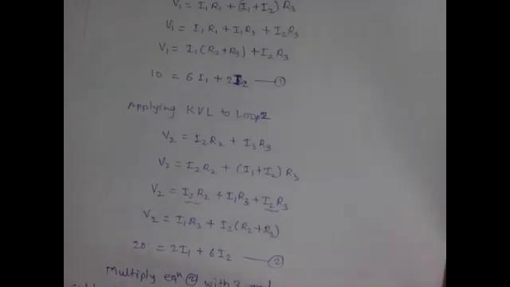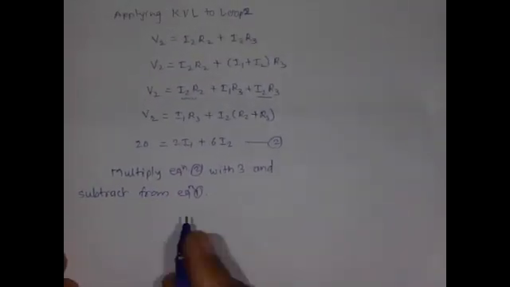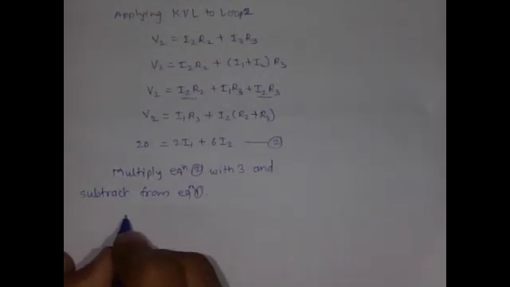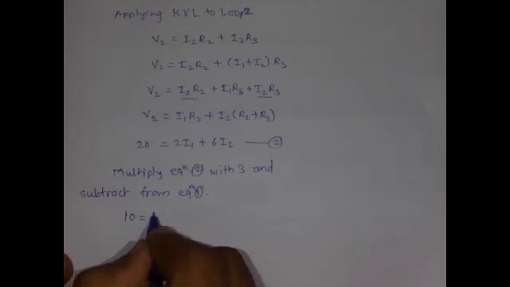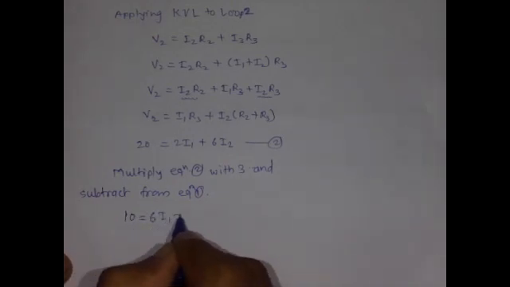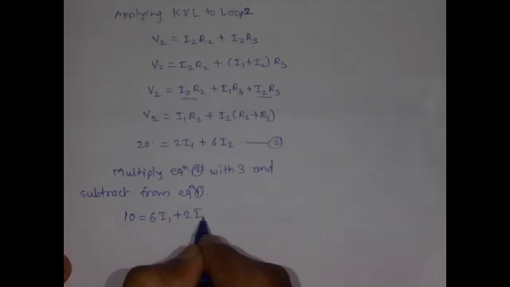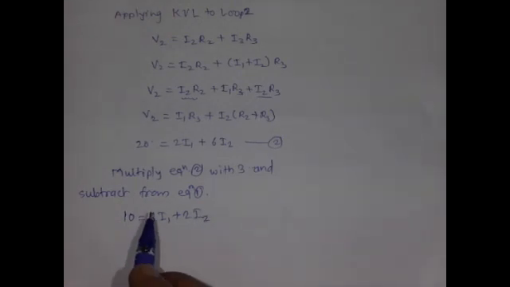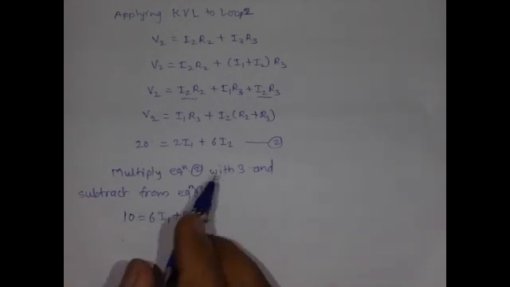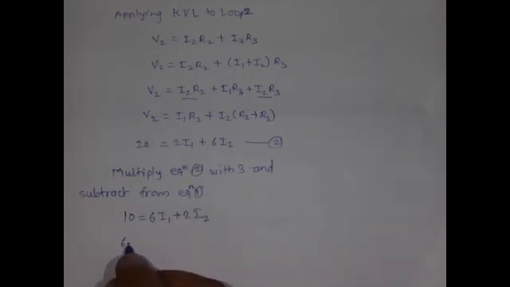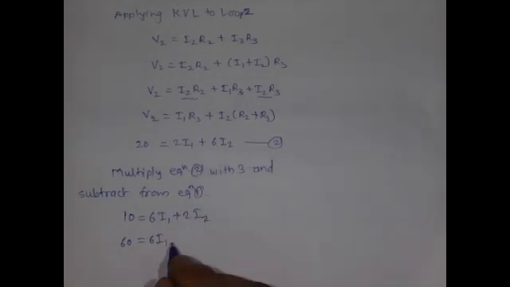Now for the multiplication, firstly equation 1 is written as it is, that is 10 equals 6I1 plus 2I2. After multiplying the other equation by 3, we get 60 equals 6I1 plus 18I2.